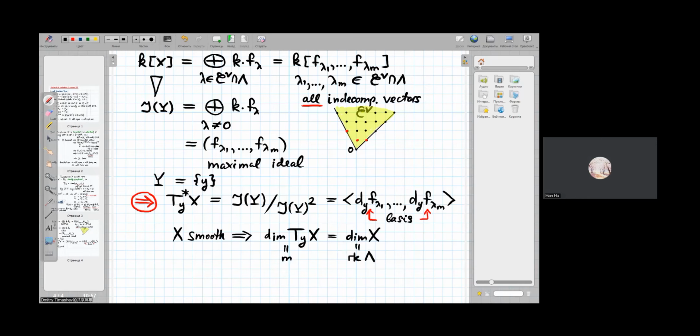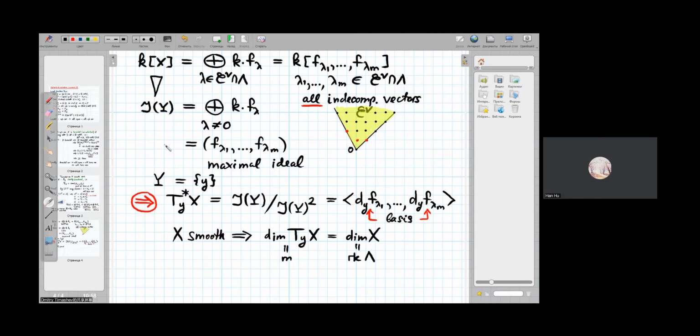So we get that the minimal generating set of the semigroup consists of exactly as many vectors as the rank of lambda. In other words, these vectors lambda 1, ..., lambda m should be linearly independent, and they should generate the whole semigroup of lattice vectors in this cone.